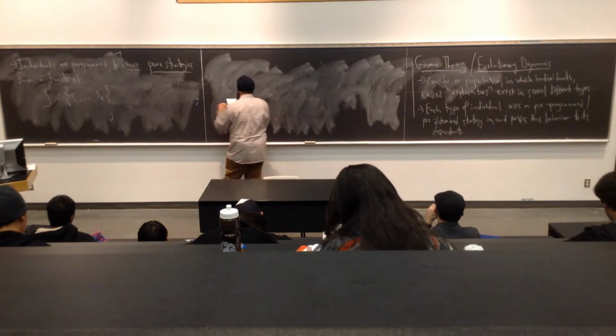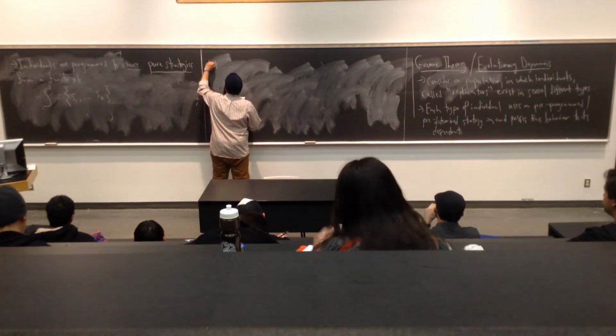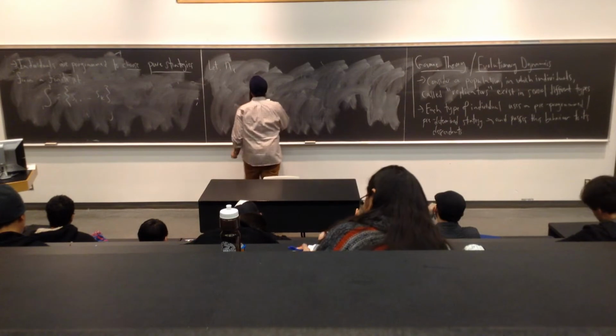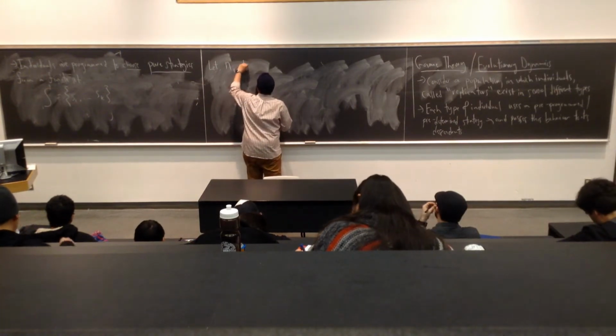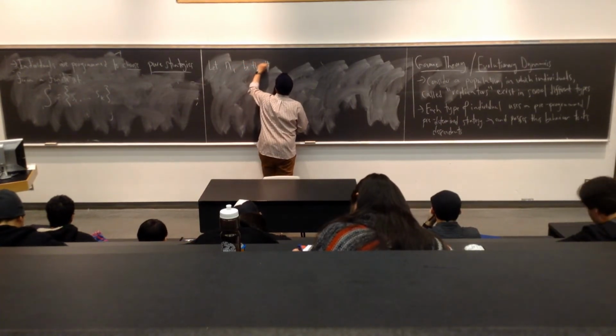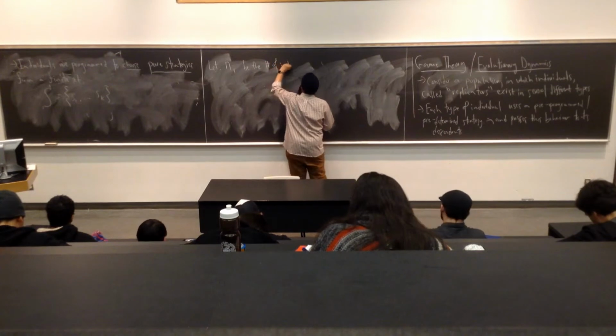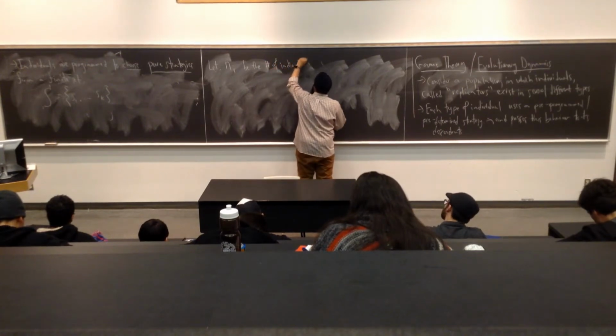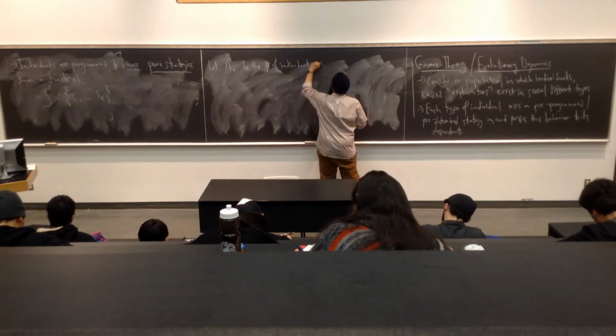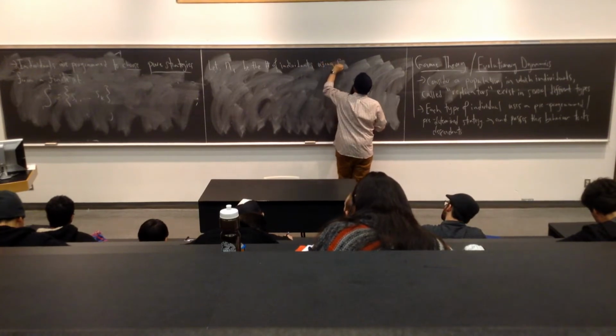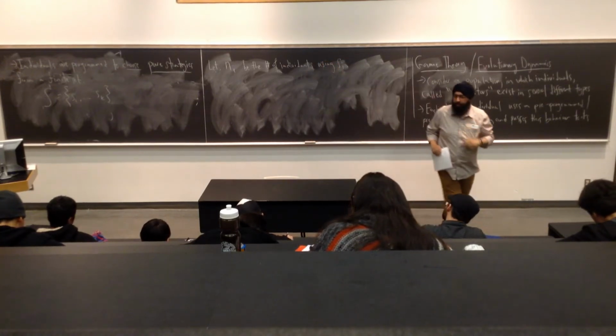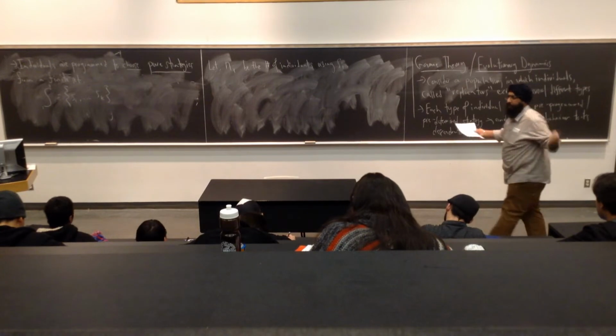Okay. Now, let n sub i be the number of individuals using strategy S sub i. So n_i is a population count.